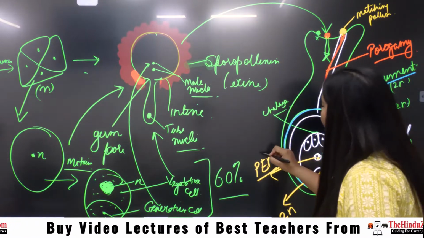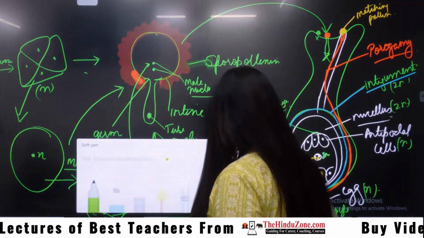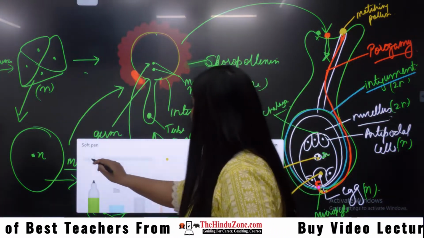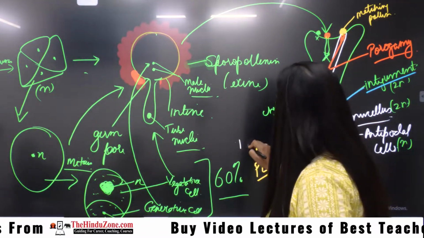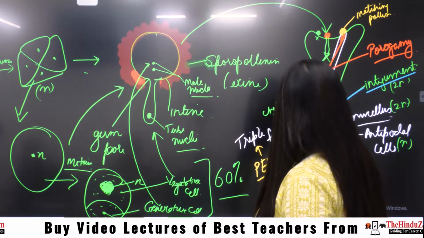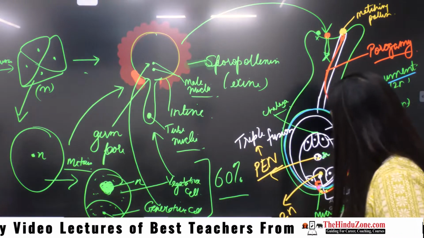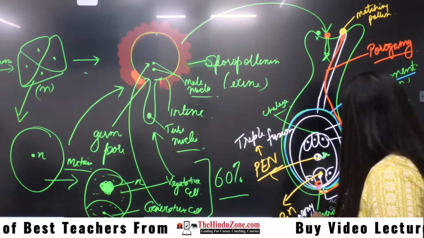This was a process where three nuclei were fusing. This is called triple fusion, and this part is called syngamy.